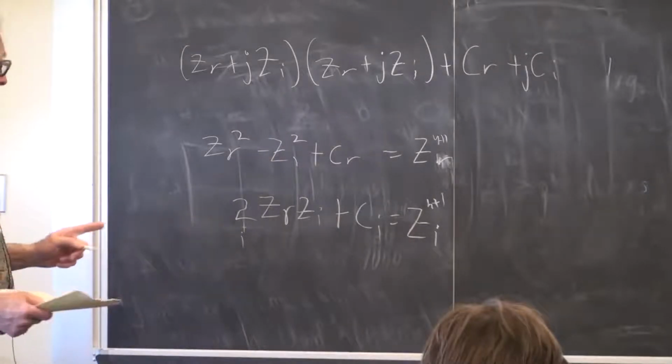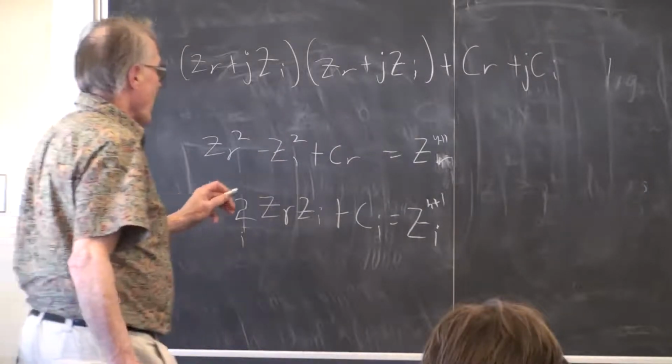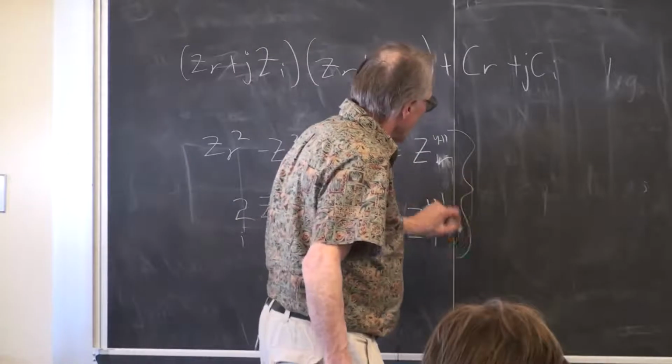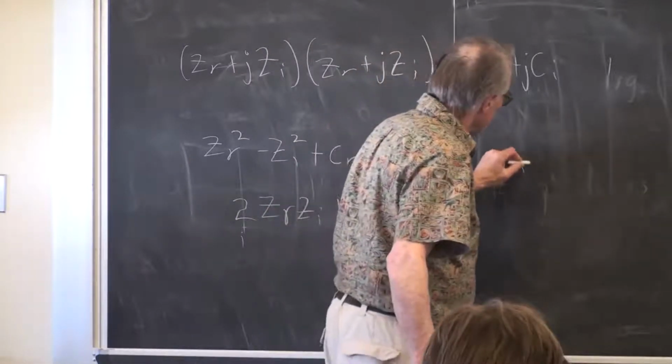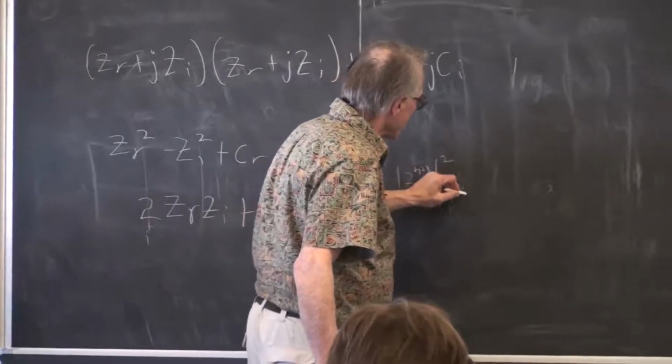The very next thing we're going to do then is to ask, is the magnitude of this Zn plus 1 squared greater than or equal to 4?